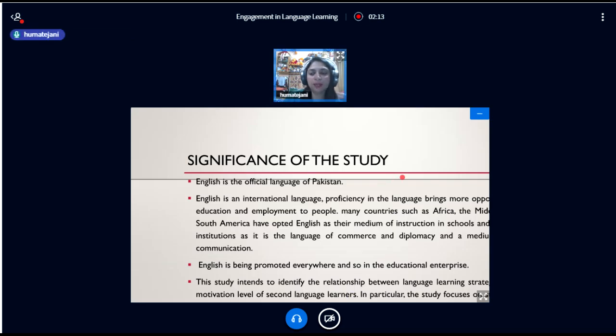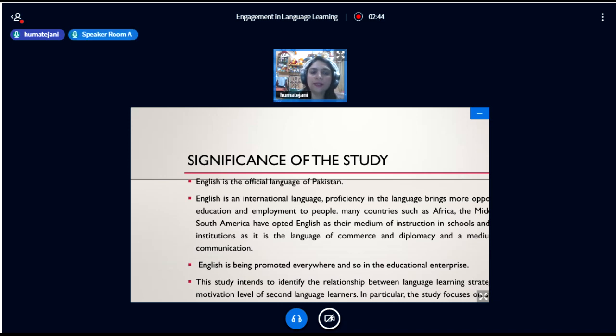In Pakistan, English is our official language, and since English is an official language, it is considered highly important for students to gain proficiency in the language, because it opens up opportunities for further education and employment. Many countries in Africa, the Middle East and South America have opted for English as a medium of instruction in schools.